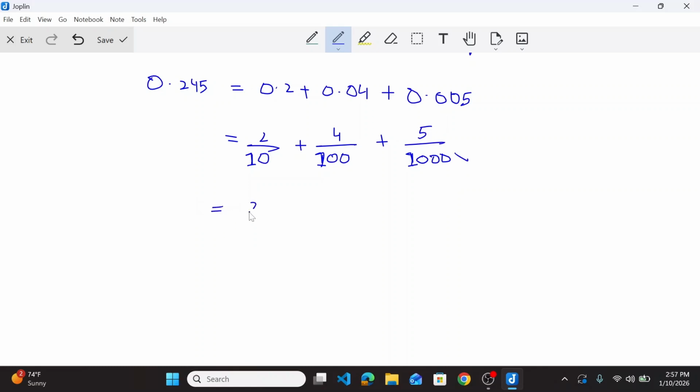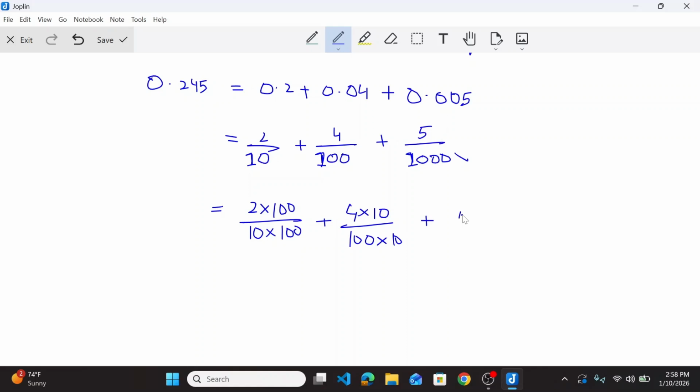So let me multiply by 100 and divide by 10 into 100. So 100 can be cancelled. And 4 over 100, multiplied by 10.